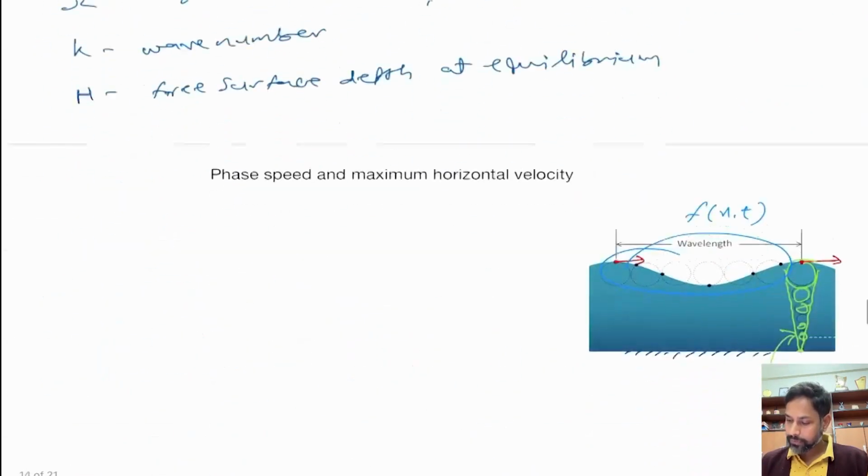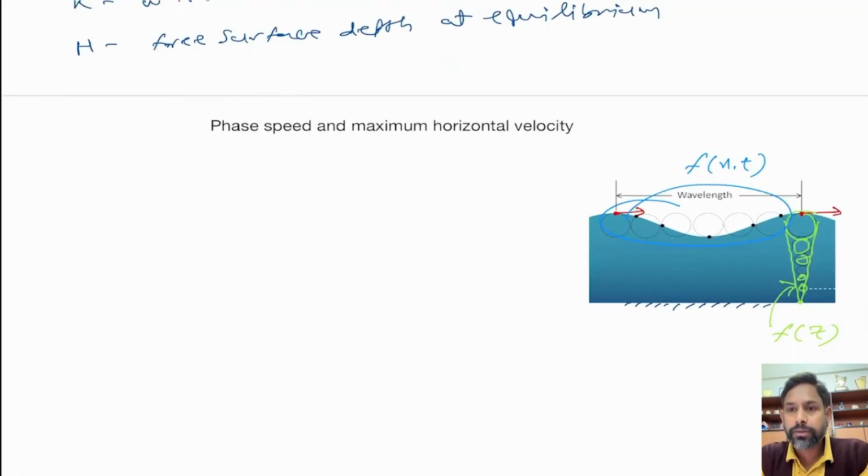Okay, and that is why this wave that we see here is not just a surface phenomenon. It starts at the surface, but its effects are felt everywhere else as well, and that is how these two things are coupled, f of x, t and also f of z.